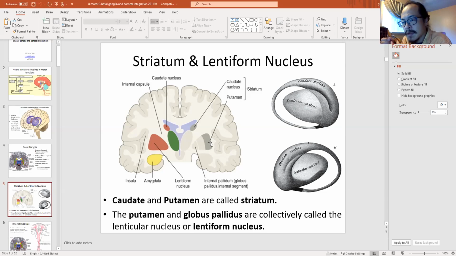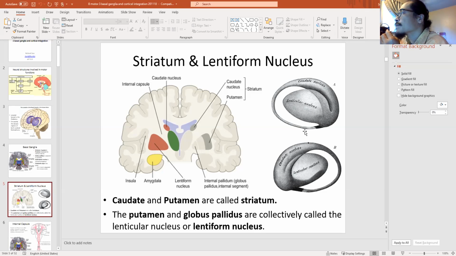And what else? People may also talk about the lentiform nucleus. The lentiform nucleus is right here, and it includes the putamen and globus pallidus.